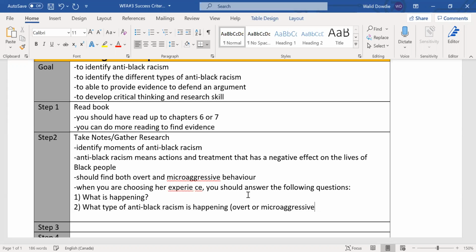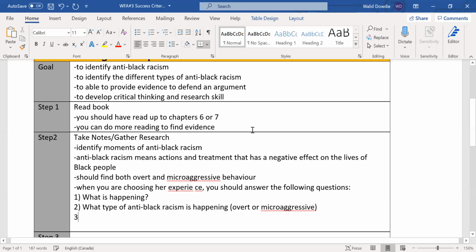And then you're going to want to have the evidence used for your position.